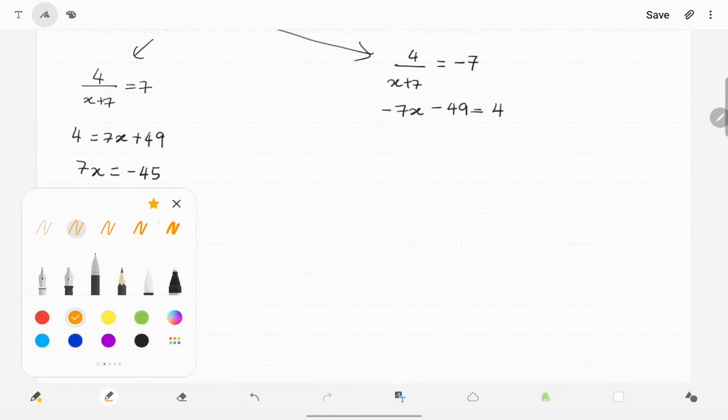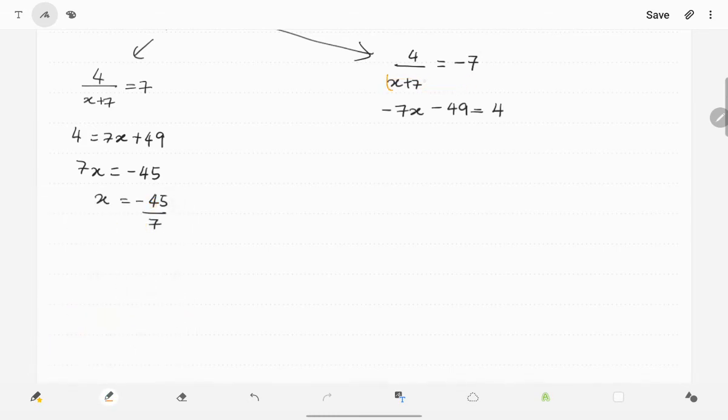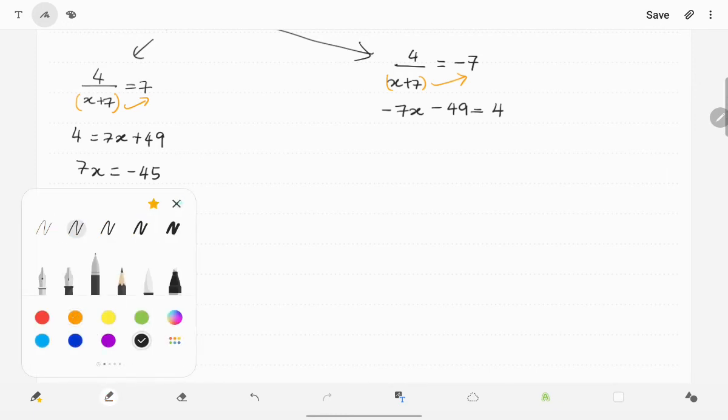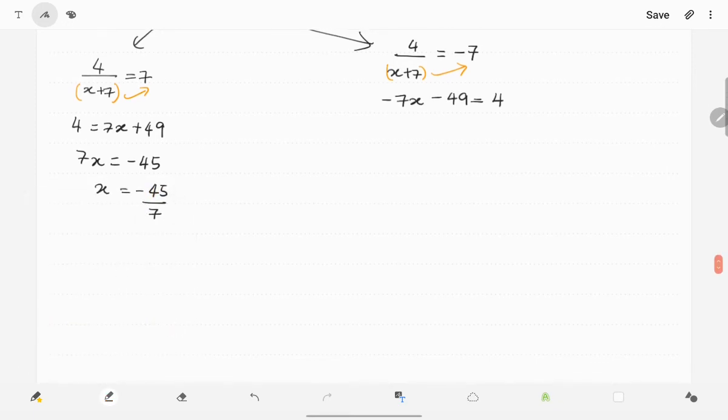Okay, let me remind you again. So what do you need to do with this one? The denominator, we bring it, we multiply with the right hand side. Same thing as this one. X plus 7 multiply with 7. So in this one, I already switched the position. Okay, so please check the answer for me as well. So negative 7x equals to 4 plus 49. We'll get 53.